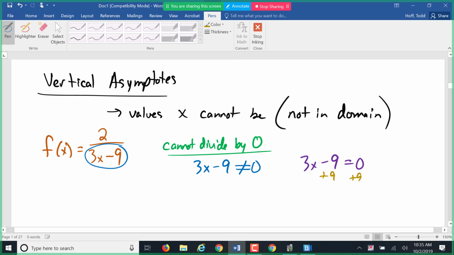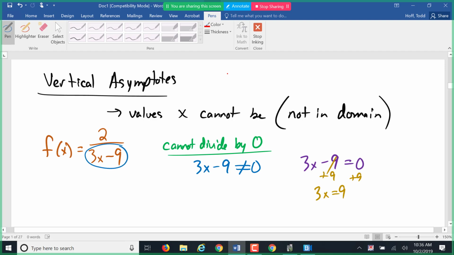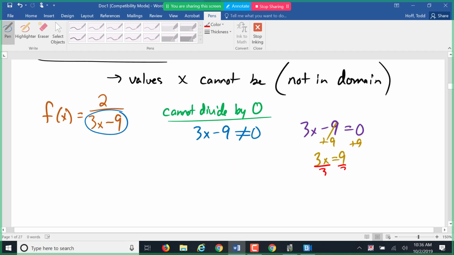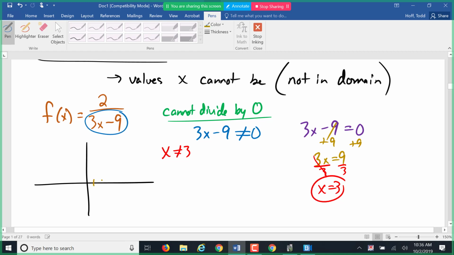We would add 9, 3x equals 9, and then we would divide by 3. That gives us x equals 3. So what that means is x cannot equal 3. 3 is not in the domain of this function. So if I graph this function here, there is going to be a vertical asymptote here. The line x equals 3 is going to be an asymptote.